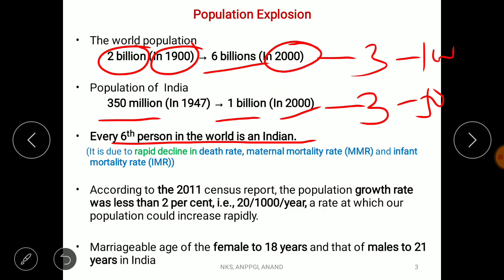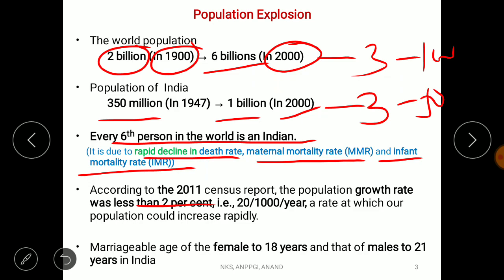This is due to, first, the rapid decline in the death rate; second, the decrease in the maternal mortality rate; third, the decrease in the infant mortality rate; and other reasons. According to the 2011 census, the growth rate in India is less than 2%.